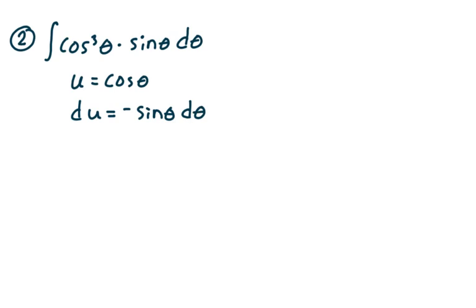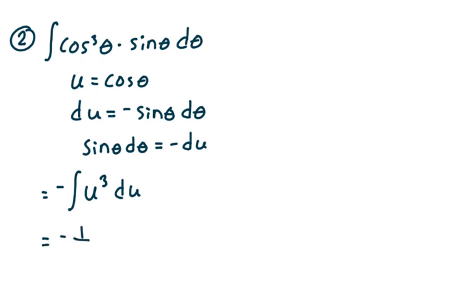And so I want to solve for sine theta d theta. If I solve for sine theta d theta, I get negative du. And so this is equal to negative the integral. Wherever I see a cosine theta, I'm going to replace it with u. So I get u raised to the third power du.